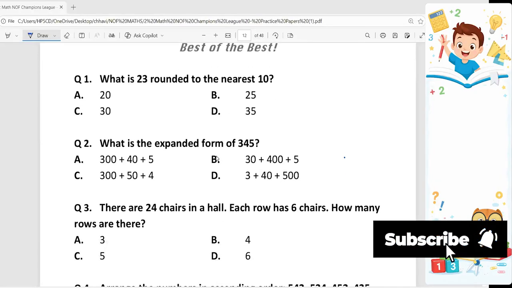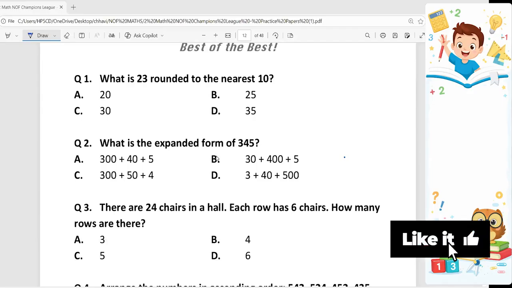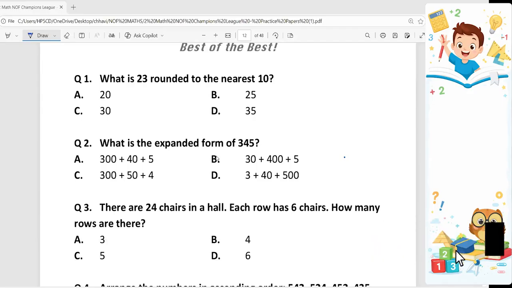Let's begin. Our first question is, what is 23 rounded to the nearest 10? We have to look at the units place. If the units place number is more than 5, then it is rounded upwards.